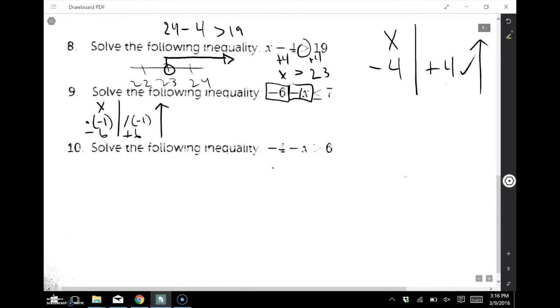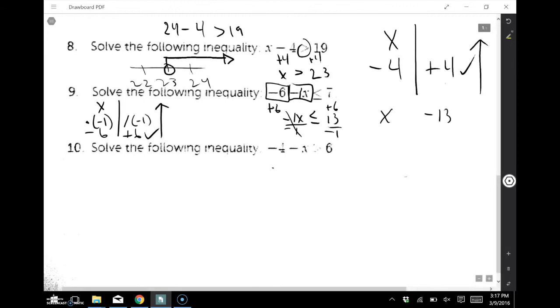Here I would have to flip my sign because I'm going to divide by a negative. So first thing I do, add 6, and I get negative 1x is less than or equal to 13. Next step, I just check that one off. Divide by negative 1 because I want a positive variable. So at the end, I have x, because this becomes just one positive 1x. 13 divided by negative 1 is negative 13.